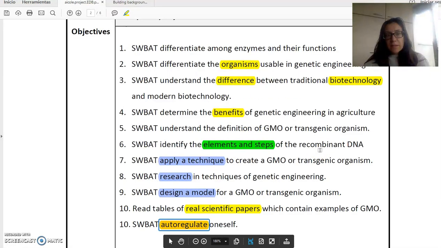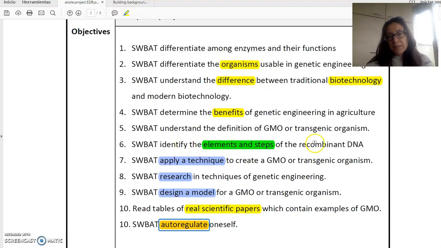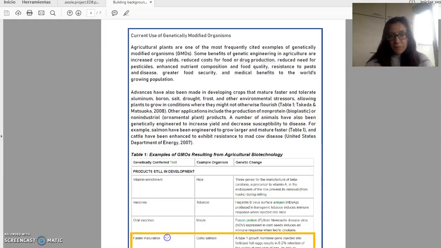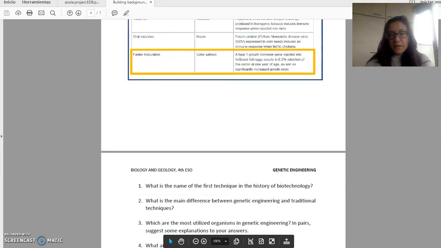Other objectives are to identify elements and steps in recombinant DNA. This is from activity 5.